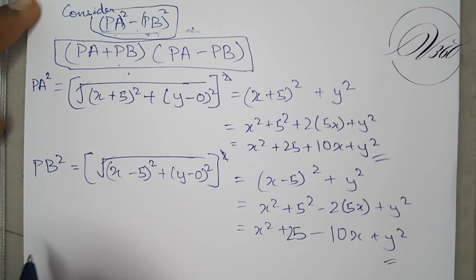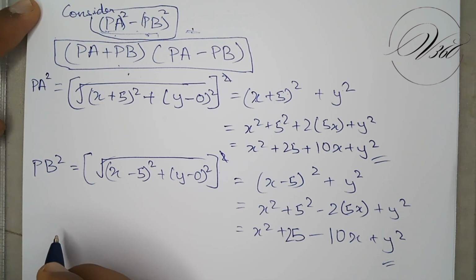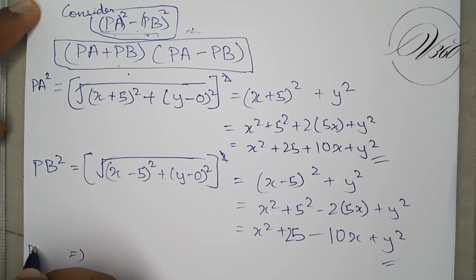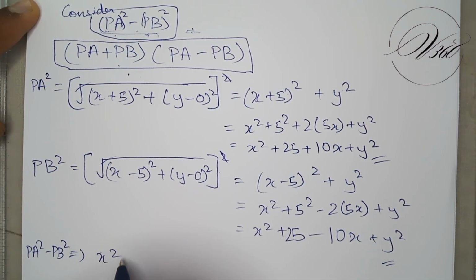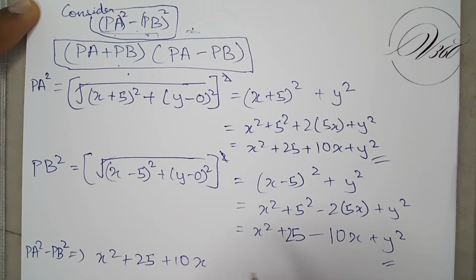Okay, now we will solve what is PA square minus PB square. If we solve this, we will write here PA square minus PB square, which is equal to x square plus 25 plus 10x plus y square. I was reading it as 20, and again my tongue shifted to 25, so you might have heard wrongly. It is 25 plus 10x plus y square, minus (x square plus 25 minus 10x plus y square).